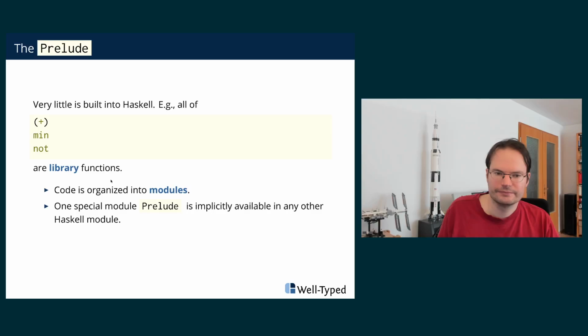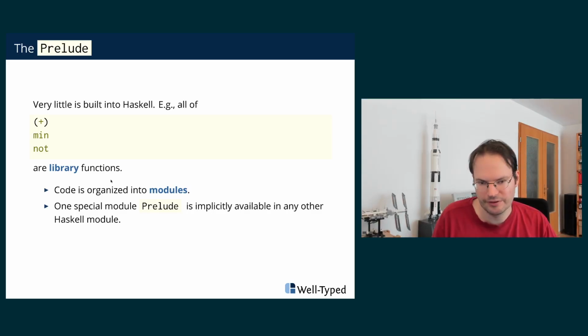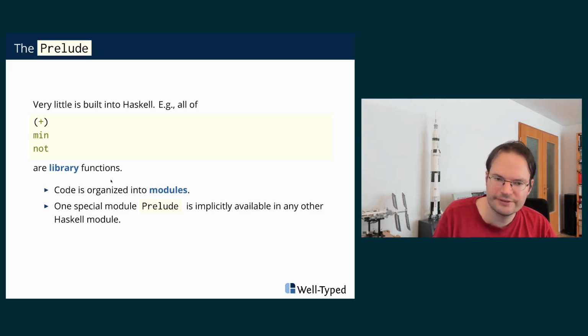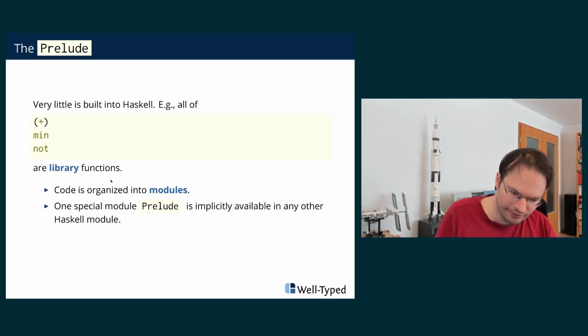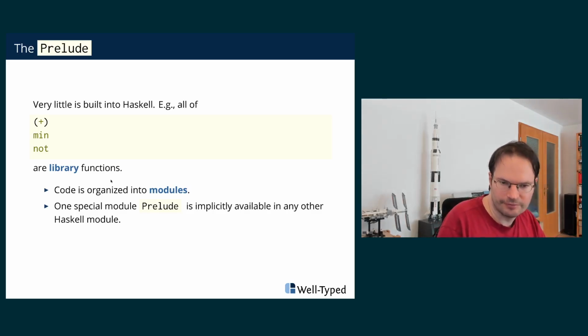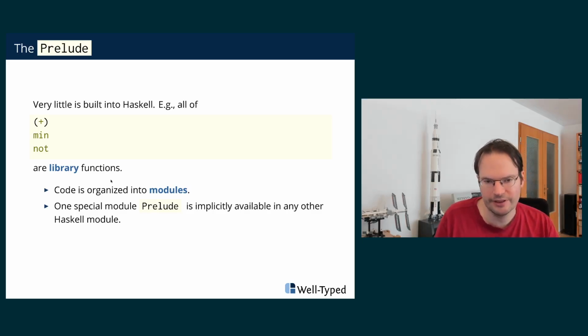And that goes back to the fact that Haskell code is organized into different modules, usually one file, one module correspondence. And typically, if you want to use code from a different module, you'll have to explicitly import it by means of an import declaration in the beginning of your module. But there is one special module, and that module is called the Prelude.